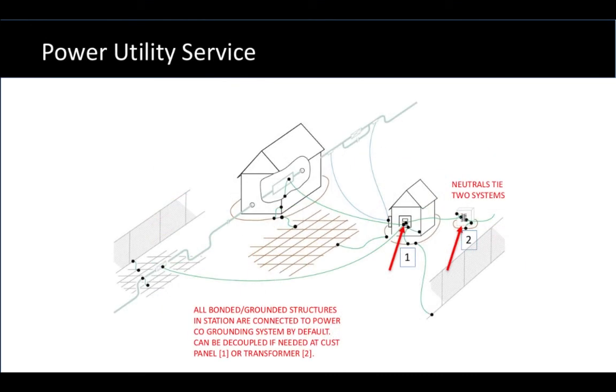There are 2 points of possible decoupling and isolation for cathodic protection when it comes to your incoming power from the power company. And there's going to be many more details than we could ever talk about in this presentation, so I'm only going to introduce the subject. At points 1 and 2, those are possible points of isolation and decoupling. One of those could be done by the user, and that's point number 1, because it is done on your side of the meter.